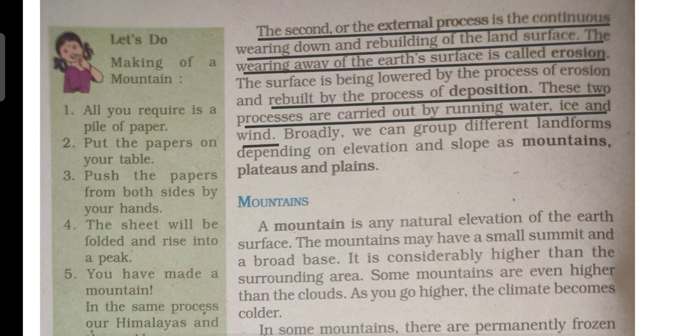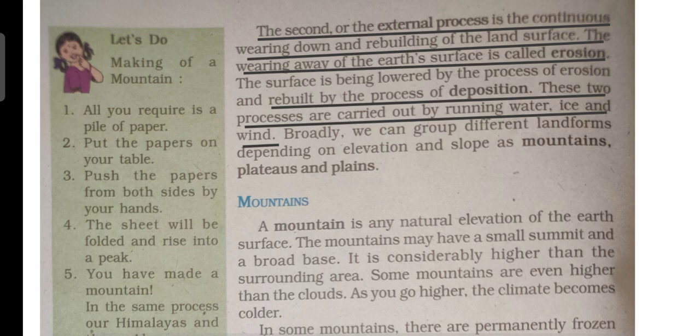And it also results in the surface of the earth getting elevated. So, in erosion the land was getting lowered, but in deposition the surface of the earth will get elevated. And again, children, wind and water are the main agents of deposition.